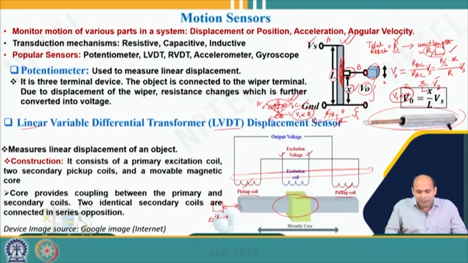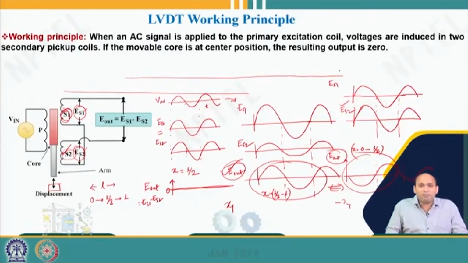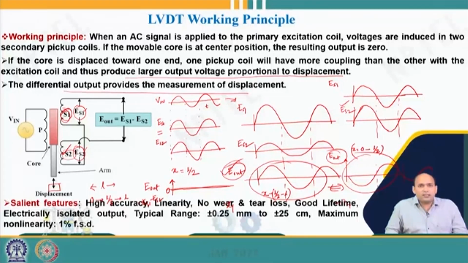But in case of LVDT, that is not going to happen, because there is no physical contact between the core and the coils. They are electrically isolated, and the induced EMF happens through magnetic coupling.